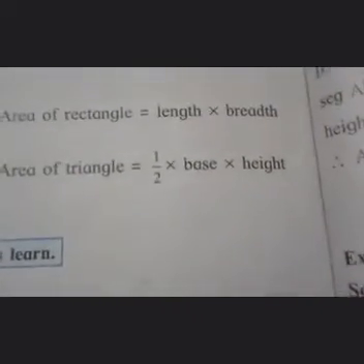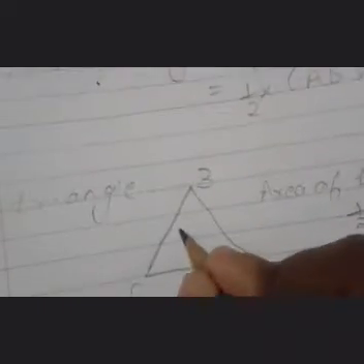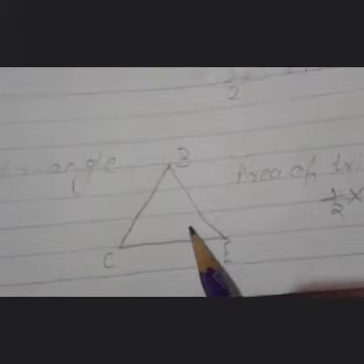So its area is calculated as: area of a triangle is equal to half into, what is half into? Half into base into height. So half into, can you see your height? No, we can't see the height. We have to draw the height of the triangle.